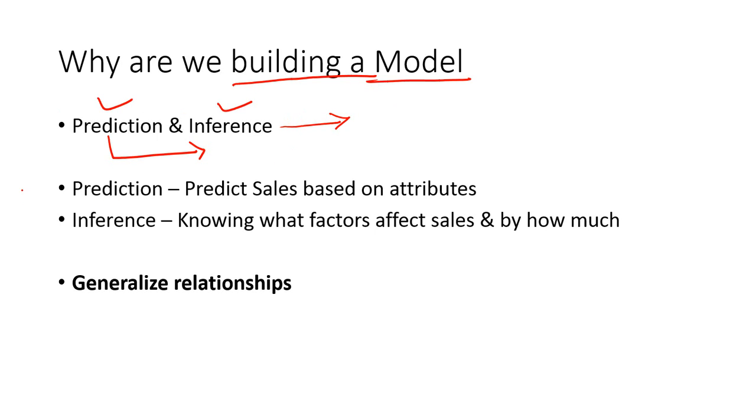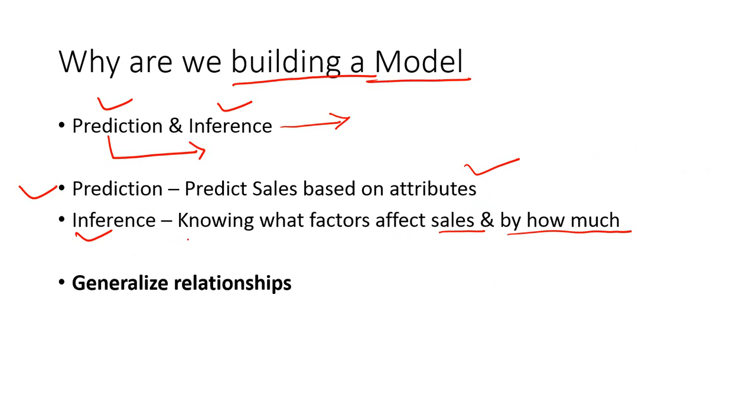To understand, let's take an example. A prediction problem could be predicting sales of a particular product based on different attributes of the product, advertisement, price, and so on. And inference could be knowing what factors affect sales of the product and by how much.